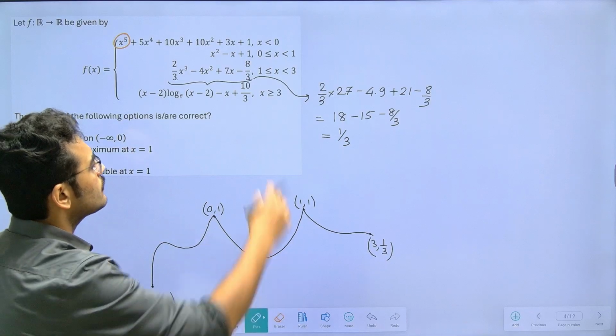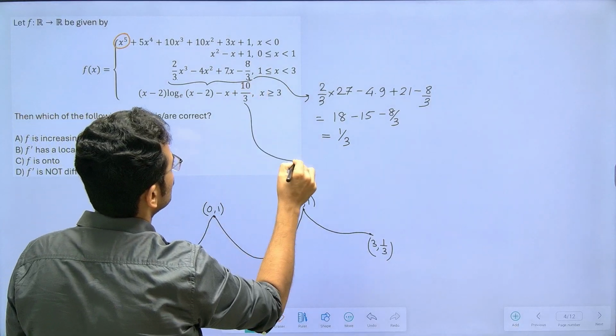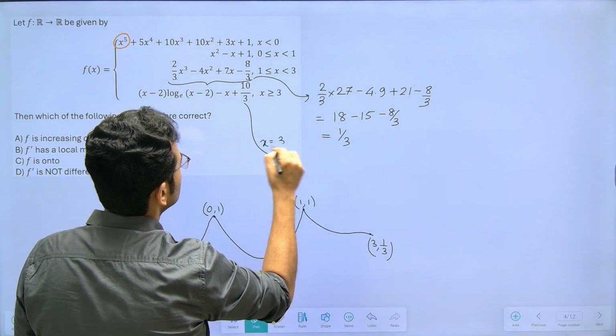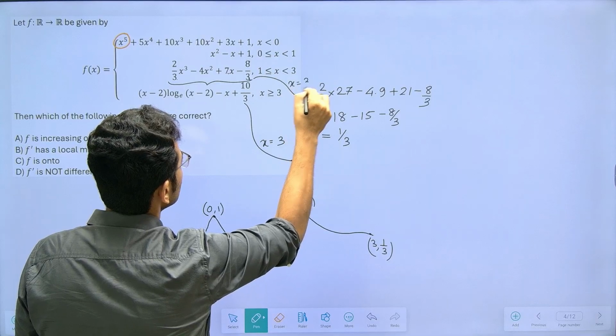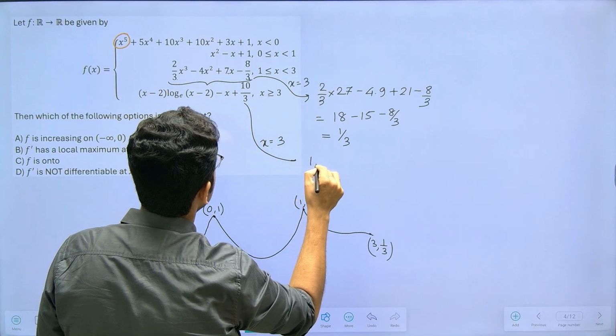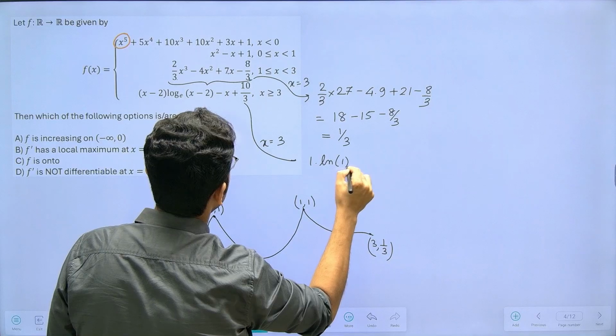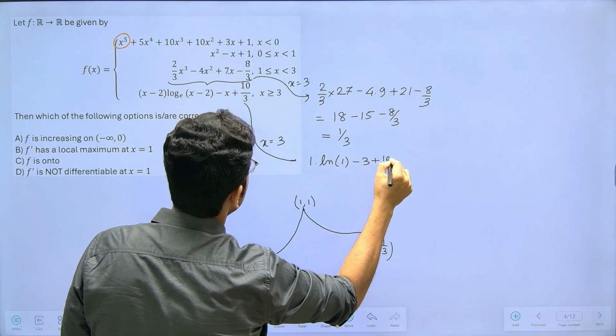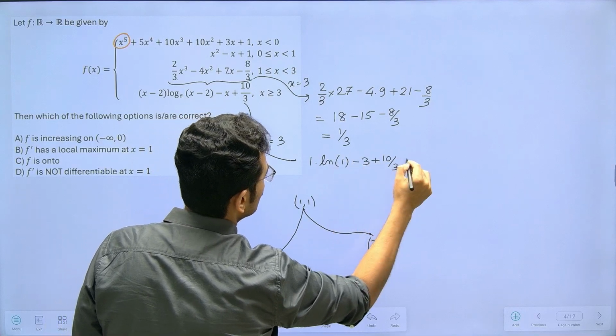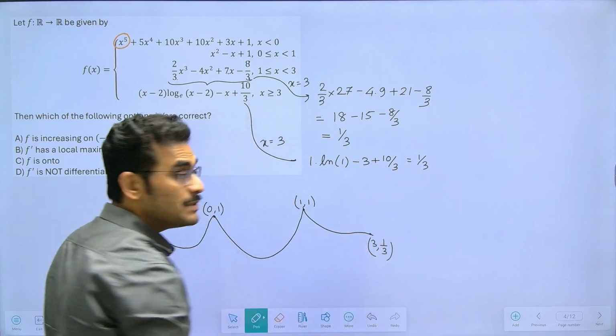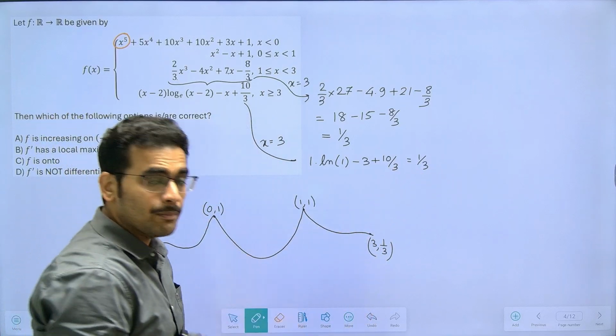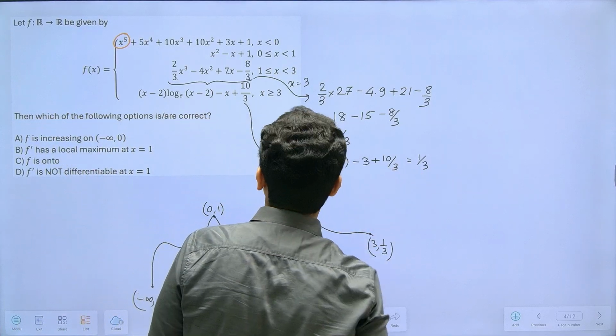Finally, when x is greater than or equal to 3, if we put x equal to 3 here, you will get 1 into ln 1 minus 3 plus 10/3. ln 1 is 0, so this is again 1/3. That means the next piece again starts from 1/3.